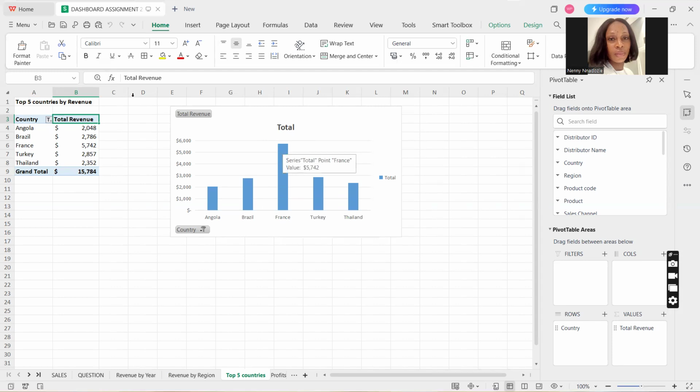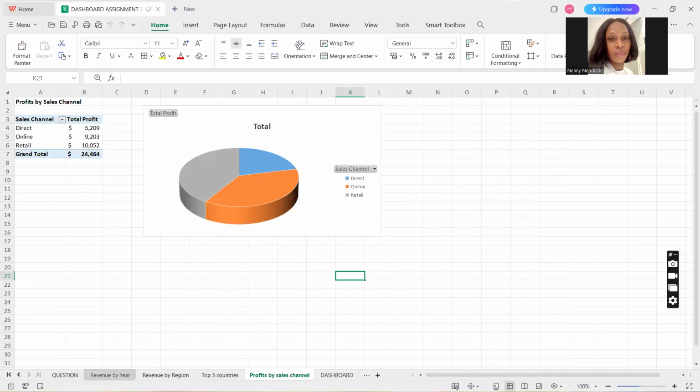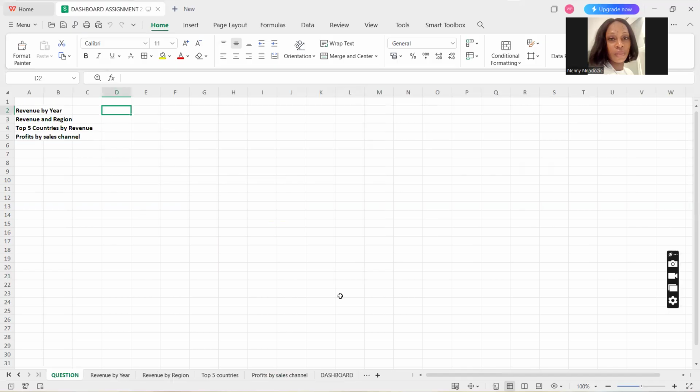You can see that France has the highest, and it's 5,742. That's the total revenue France made in the whole 6 years this data was taken, and France is in Europe. Then the next question is profits by sales channel.